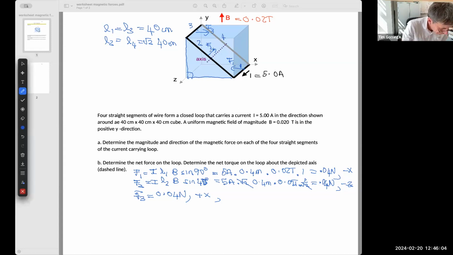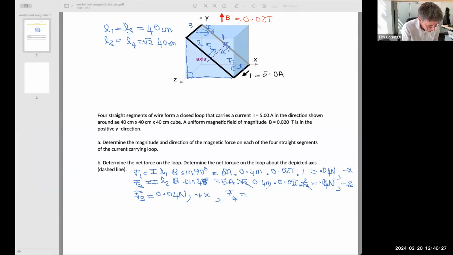So if we look here, F2 was in towards the screen. It's a little hard to draw this, but F4 is going to be out of the screen. Let me write down then the strength of the force. So the strength of the force on wire number 4, we've argued, because the only thing that happened was the current reversed from wire 2, is the same strength as the force on wire 2.